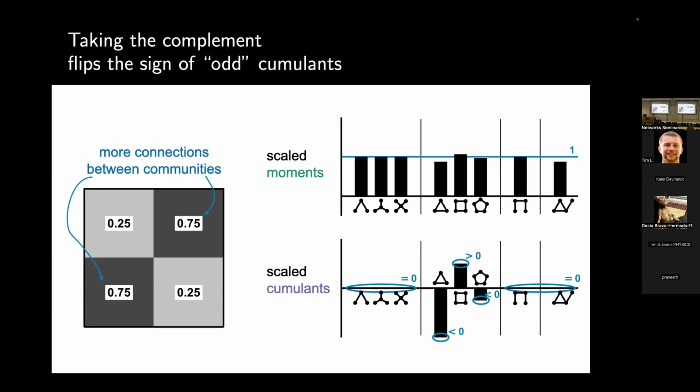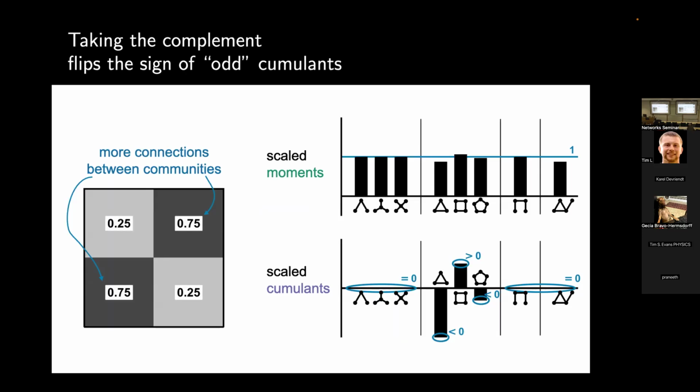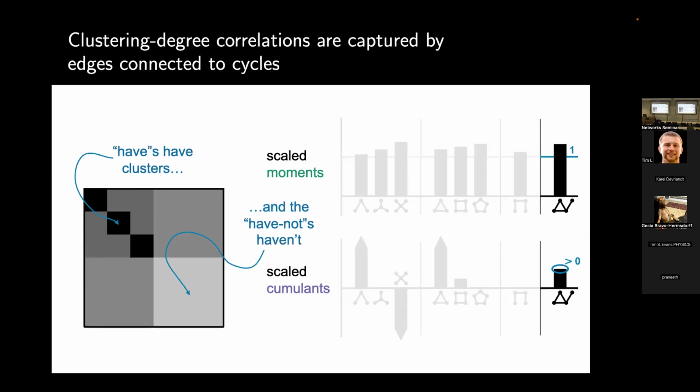Yeah. Okay. If you had one that was more frequent than the other, then other cumulants would be non-zero too, right? Because you're deviating more from the baseline of Erdős–Rényi. So let's look at this example that I made here. Now I'm having a correlation between clustering and degree.